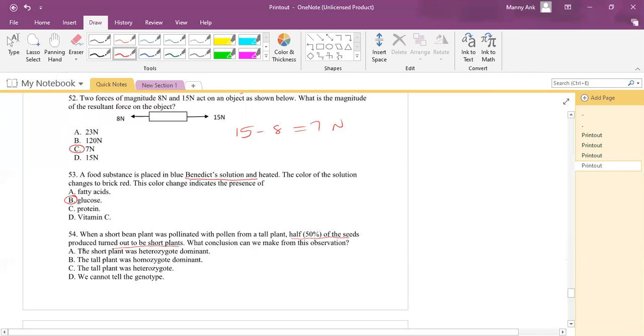Now, if you go through all the crossings, say the short plant was heterozygous dominant, it cannot be that. Now the tall plant is homozygous dominant. It cannot be that. The tall plant was heterozygote. Yes, that is what it should be. Think about the Punnett Square.